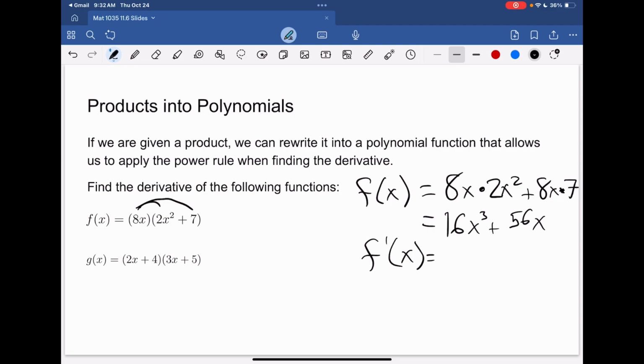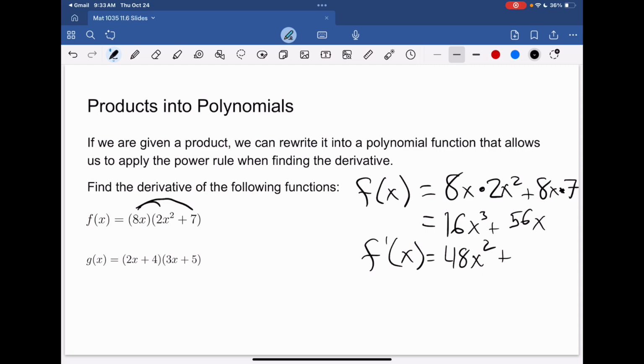I bring the power down and multiply it by whatever's out front, so 3 times 16, that's 48x, and then my new power is the original power minus 1, so 3 minus 1, which is 2. So that's the first term.